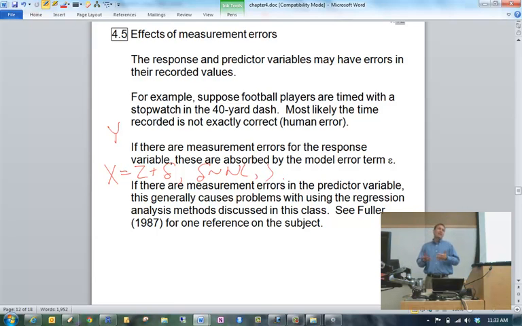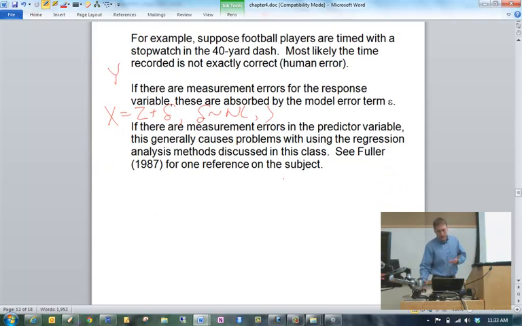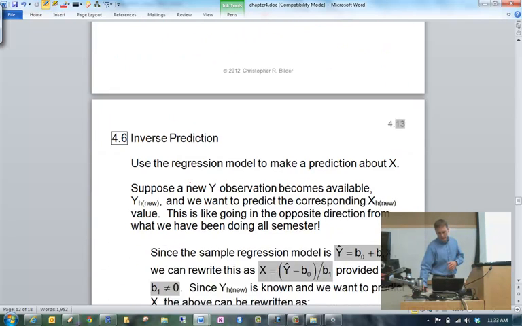And so that's how it's handled. But estimation then becomes a lot more difficult. And again, we don't have time to get into the details of how to work with this. If you want, here's a classic reference on it.